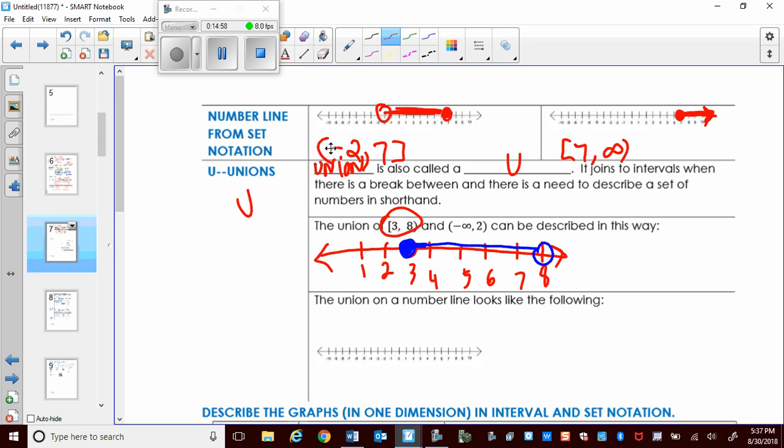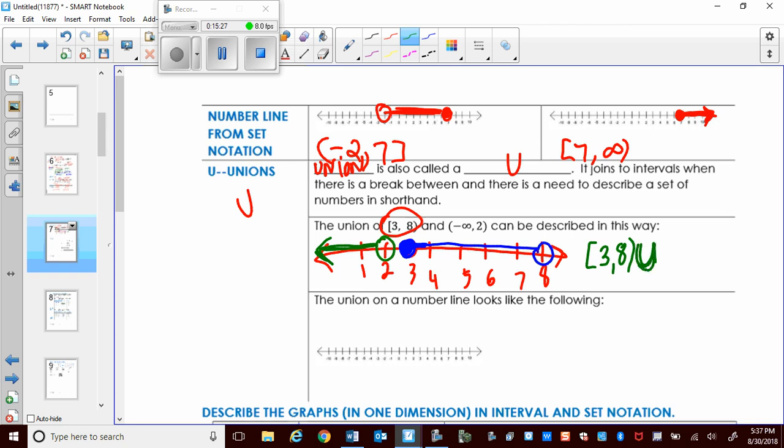Okay? Now, graphically, it looks like this. From 2, and we're going towards negative infinity. Algebraically, the union can be described this way. Hard bracket 3, 8, union.